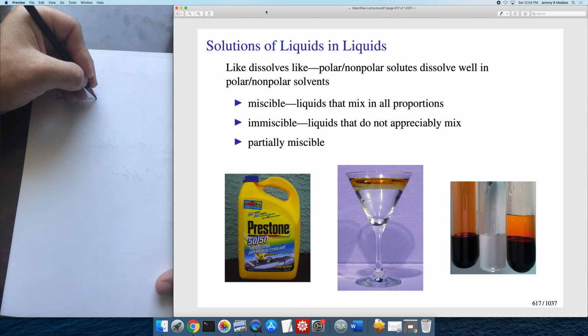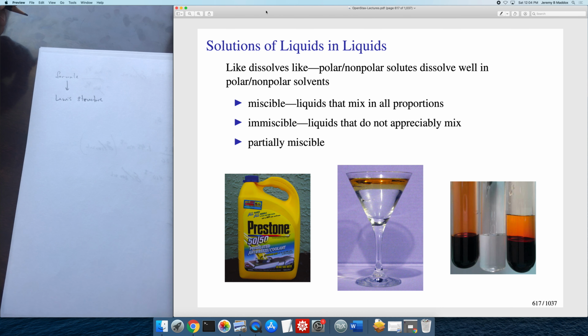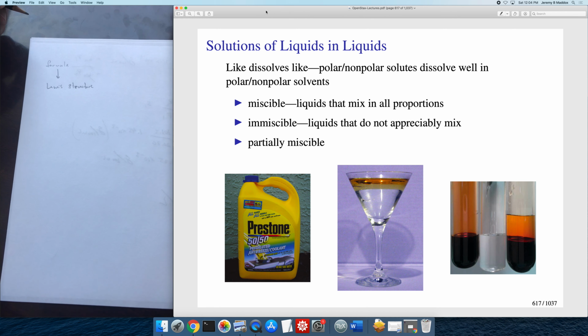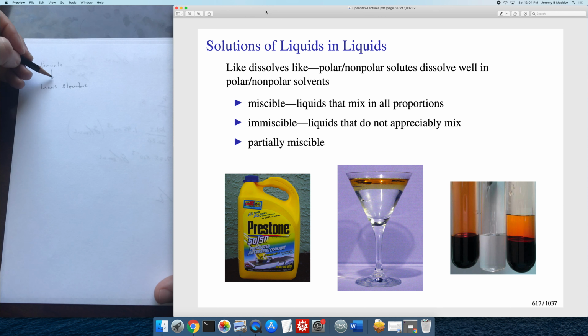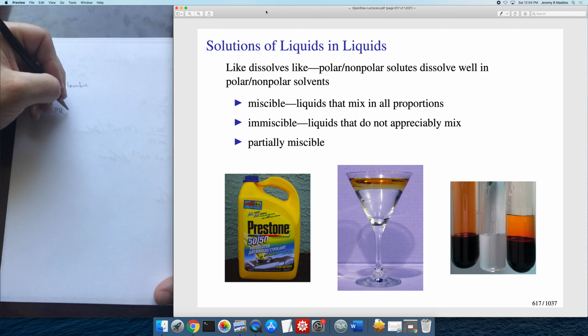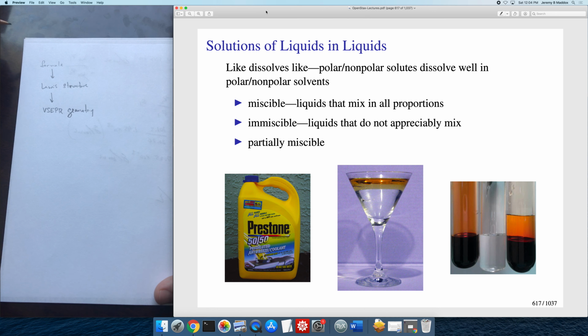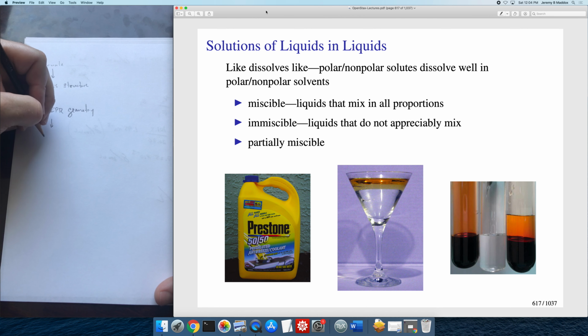Now recall that the Lewis structure is a two-dimensional flat representation of a molecule. It doesn't really tell you anything about its three-dimensional structure. So once you have the Lewis structure, you need to be able to get to its VSEPR geometry, valence shell electron pair repulsion geometry. Now this is a three-dimensional structure, okay? And based on the VSEPR geometry, you can determine whether the molecule is symmetric or not symmetric, so symmetry.